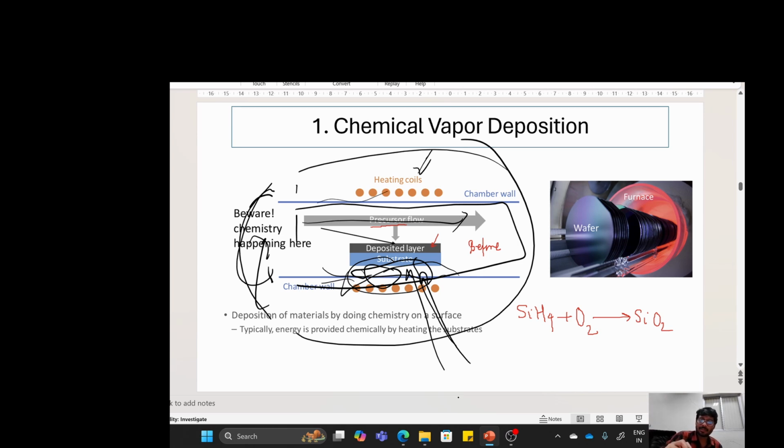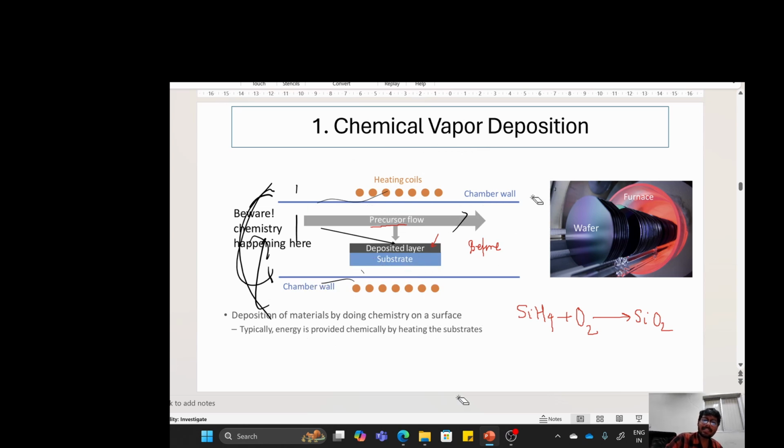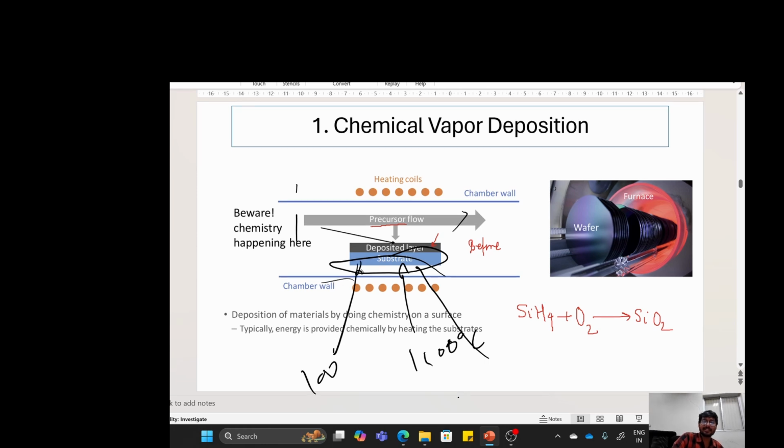But the thing is, maintaining a constant temperature over the whole substrate is a bit difficult, because if you have a 6-inch wafer, there will be a temperature gradient on the hot plate as well. In the middle it can be, let us say, 1100 degrees Celsius, but at this end it can be 1000 degrees Celsius.